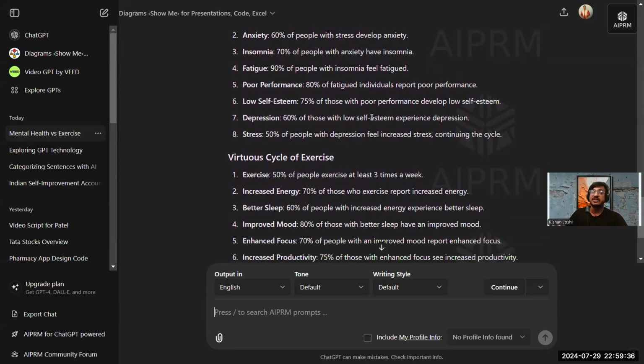Low self-esteem: 75% of those with poor performance develop low self-esteem. So all things are connected. Depression: 60% of those with low self-esteem experience depression, and 50% of people with depression feel increased stress, continuing the cycle. So the cycle is supported with numbers.